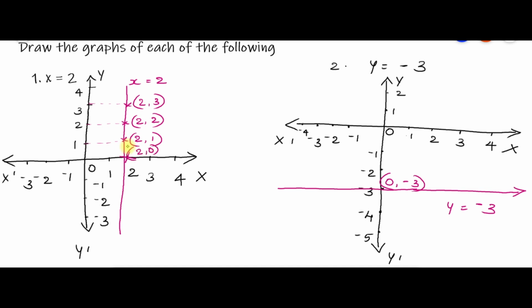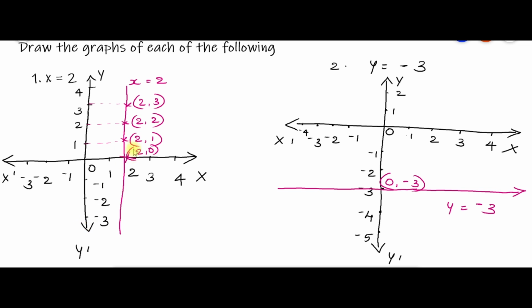So absence of variable y shows that abscissa x does not depend on variable y. So it means that x will always be 2, whatever may be the ordinate y. So you know that abscissa is x coordinate and the ordinate is y.